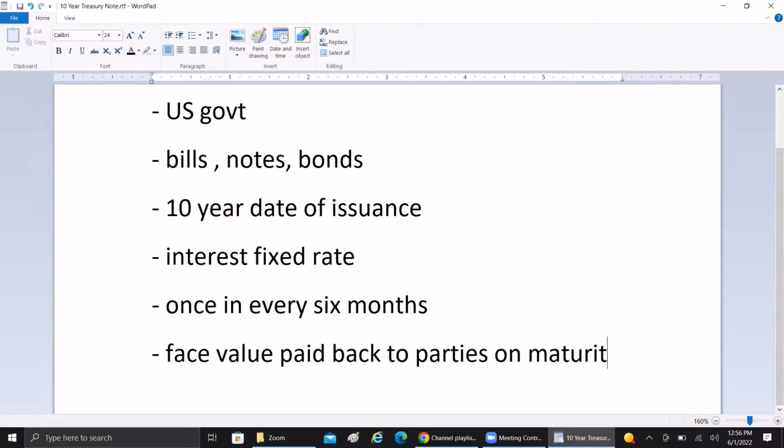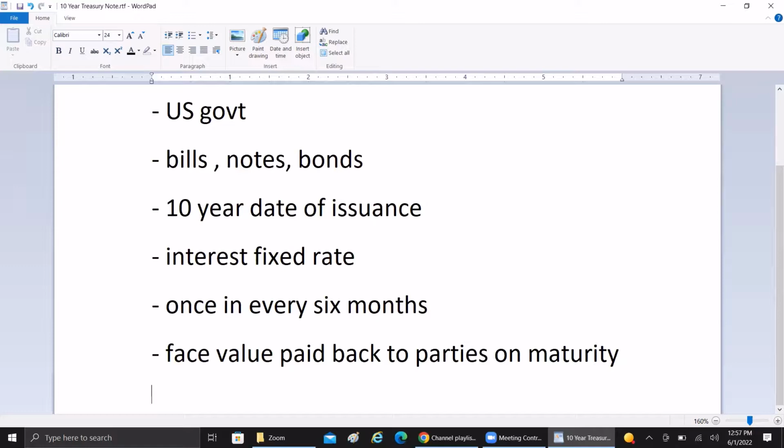This is one of the huge ones that the US government issues more of in a year, because it's a long tenure and the payment has to be made only twice a year. It's very easy for them to handle.